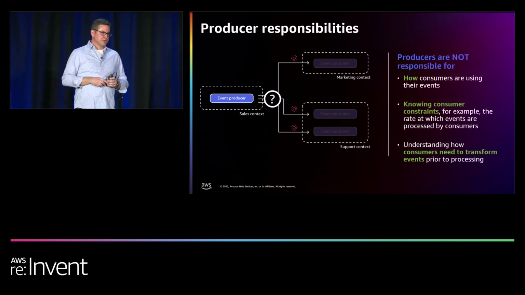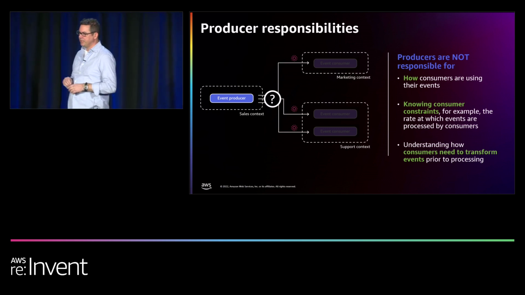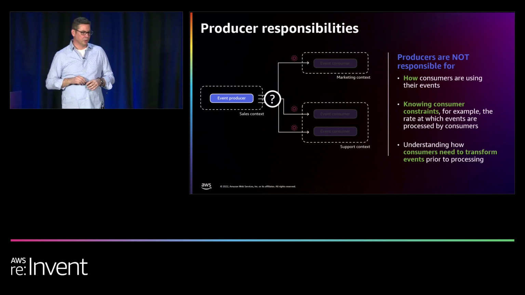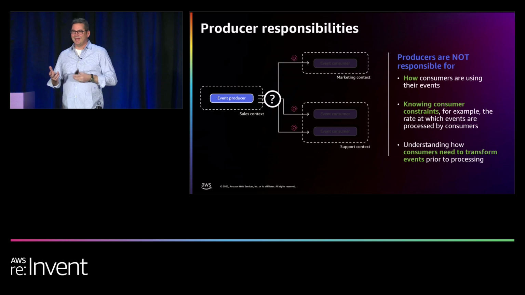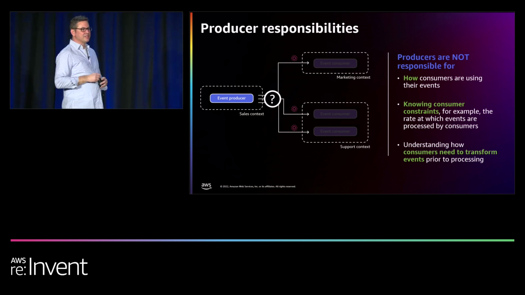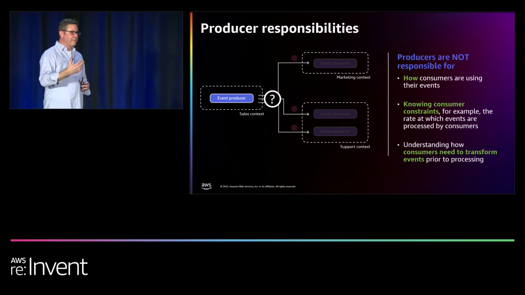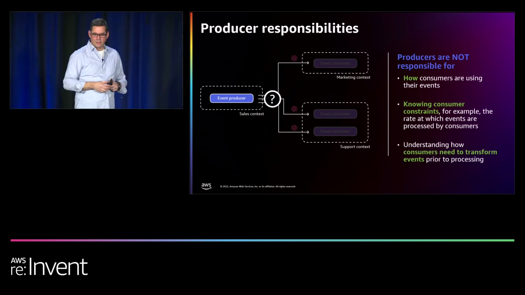Now onto what producers are not responsible for. Producers make no assumptions around how events are being consumed or whether they're being consumed at all. As I just mentioned, a producer may be interested in who is subscribing to a particular event or a particular version of the event, to understand what impact they may have on the rest of the system if they make changes to the contracts.